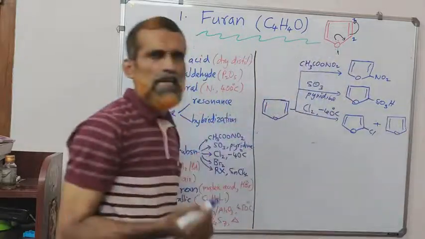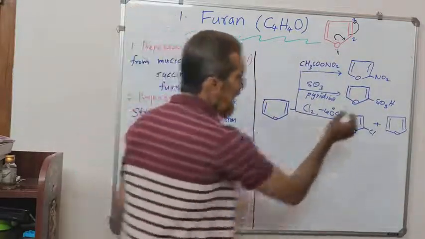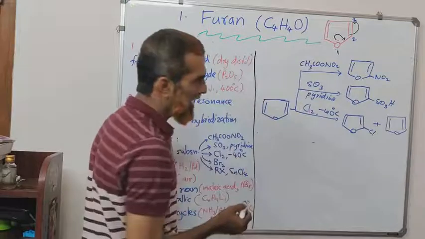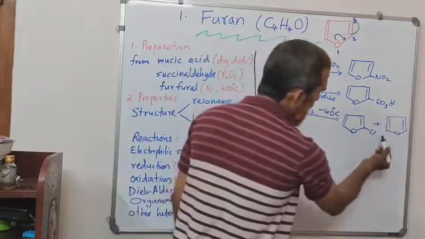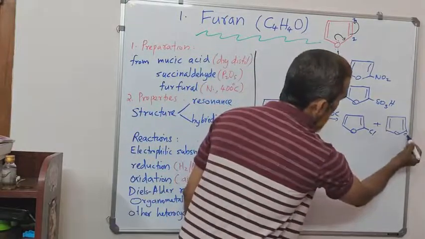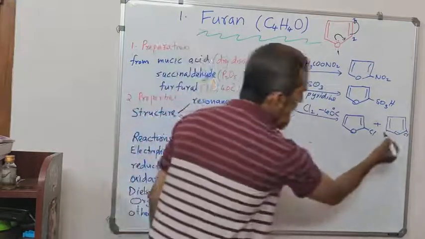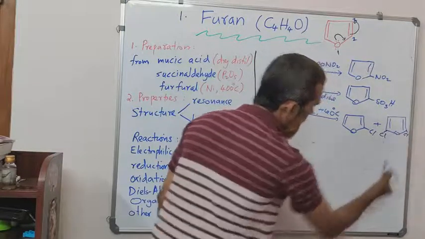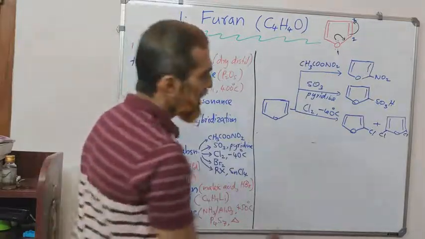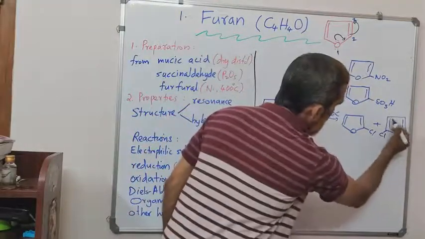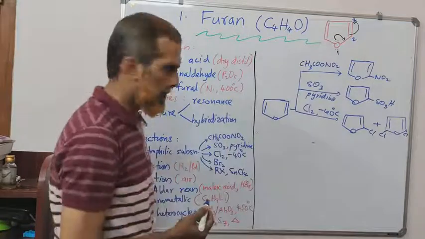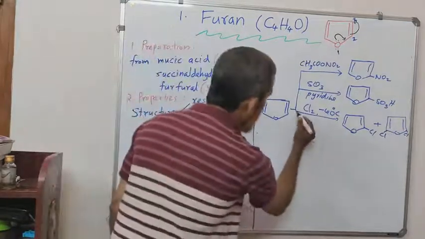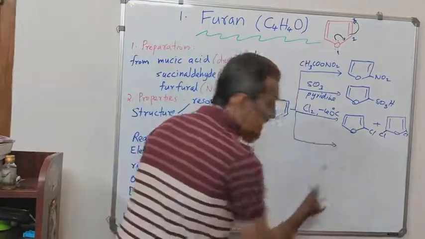Generally, substitution takes place one at a time. I mean, mono substitution takes place. But here, it is found that further chlorination takes place. This position, this is also position 2 with respect to this oxygen. So you get dichloro. Then it is 2,5-dichlorofuran.